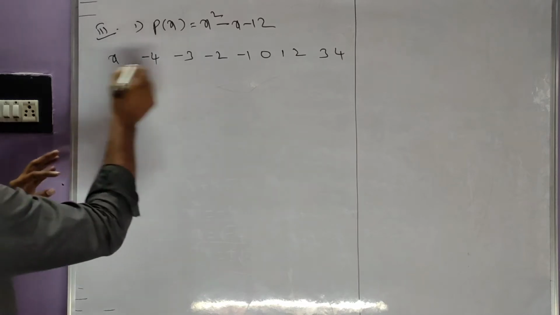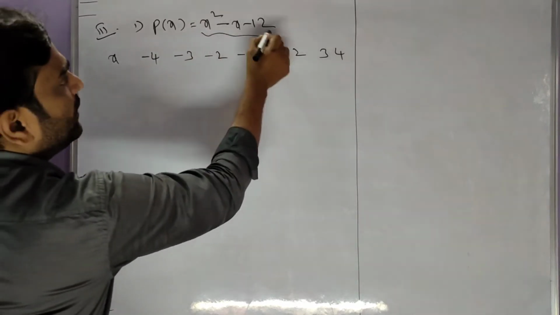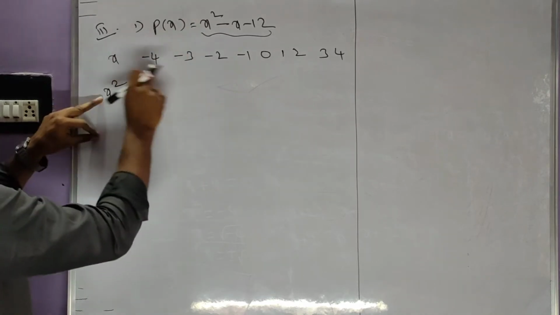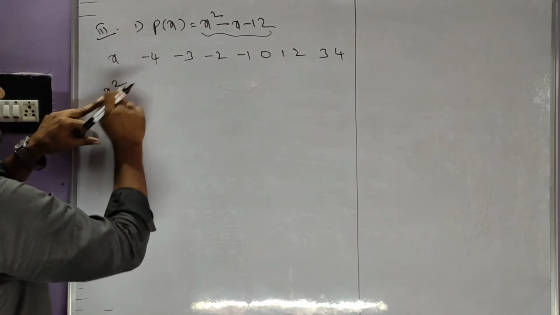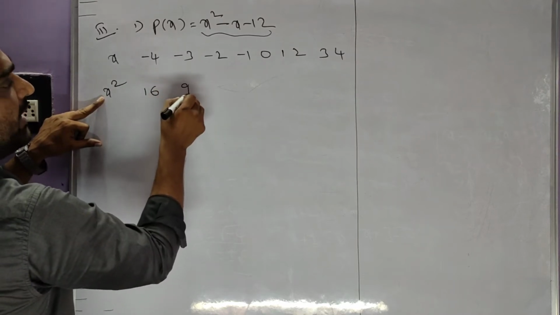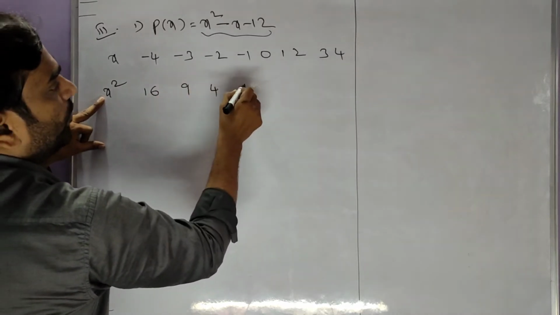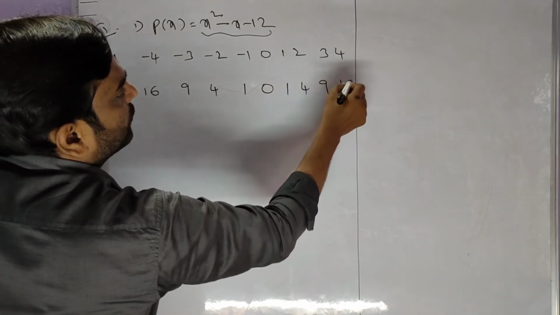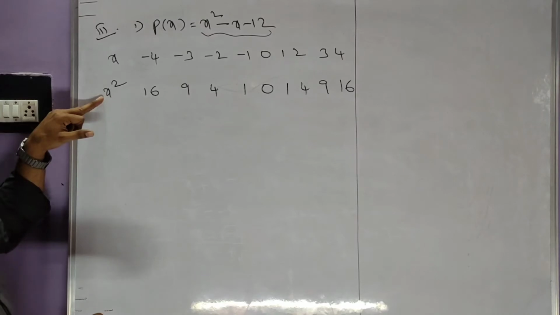Now, we took x values. Here we have to take the x square of these. What is minus 4 square? 16. Minus 3 square? 9. Minus 2 square? 4. Then 1, 0, 1, 4, 9 and 4 square is 16.